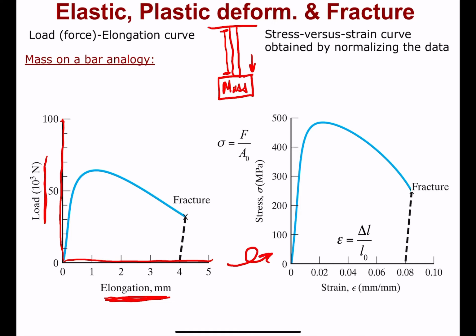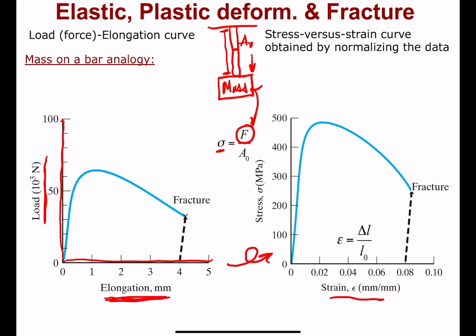to the idea of going to a stress strain curve where we know that we have stress sigma, that is the force applied, that is force due to the mass of the object, divided through by the original cross-sectional area of the sample, A naught.